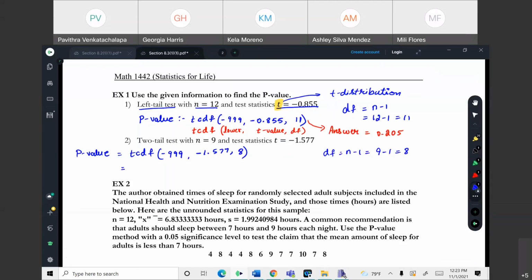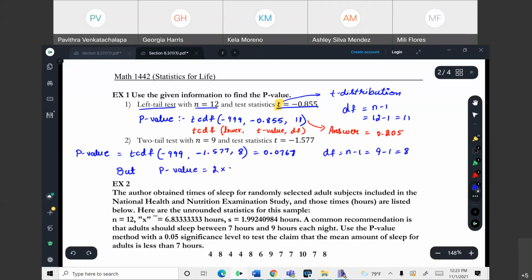When you calculate this, you will get 0.0767. But this is your area, and the p-value will be equal to 2 times the area whichever you get. Since it is a two-tailed test, you will be multiplying with 2. So your final answer will be 0.153.